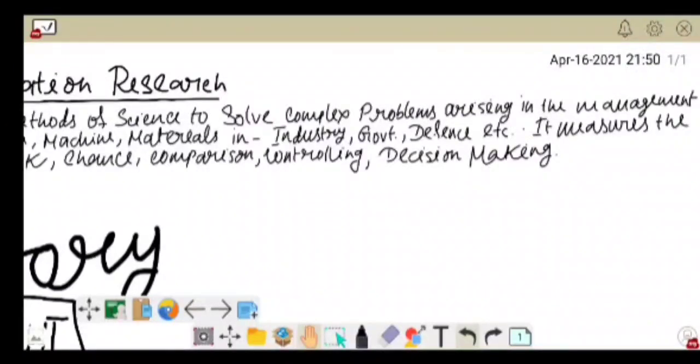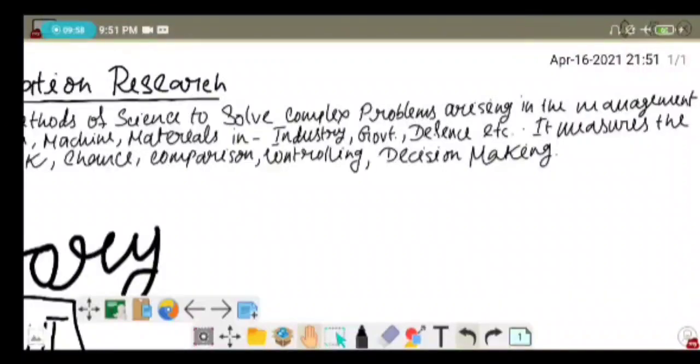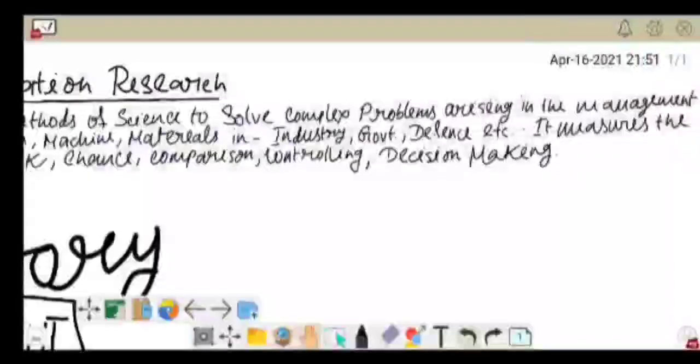But this is not a subject to study. This is a formula to live with limited resources. So this is the adjustment process, and the scientific adjustment process is called this subject.